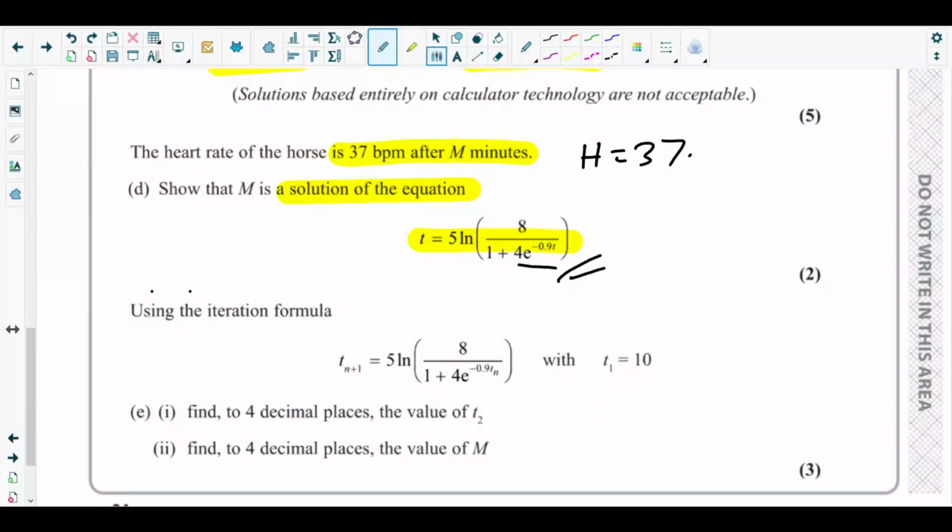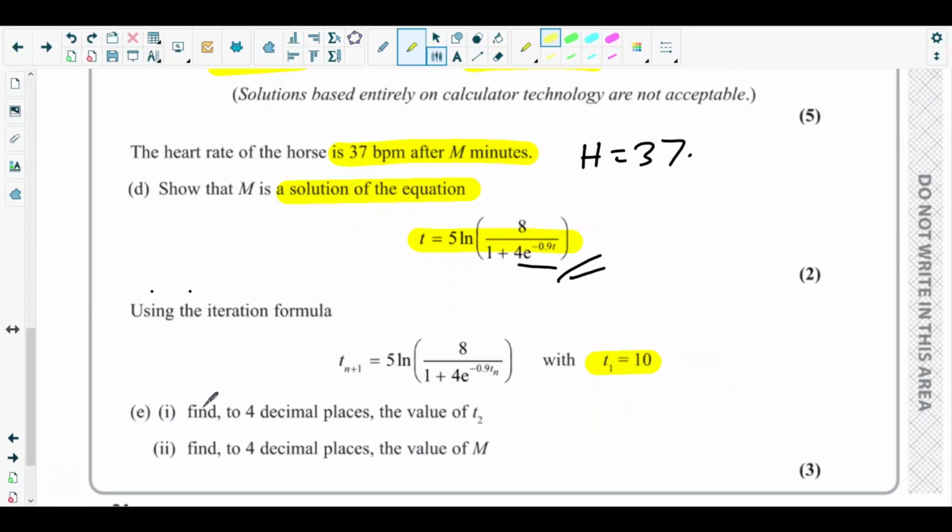Okay, next is part E, the last part of question number 8. So using the iteration formula that we have just derived in part D, t of n plus 1 equals 5 ln of 8 over 1 plus 4 e^(-0.9 t of n), with t1, the starting value, being 10.